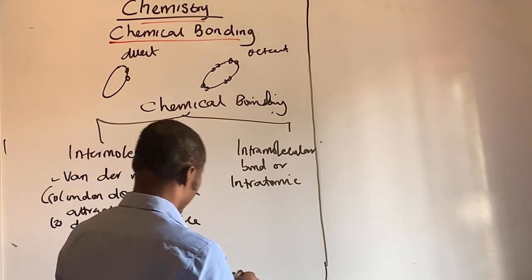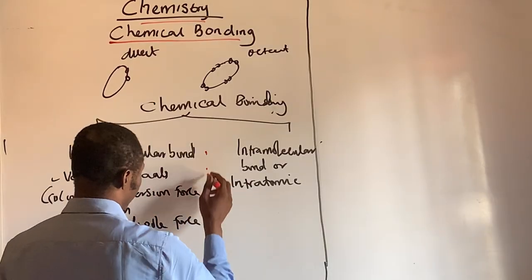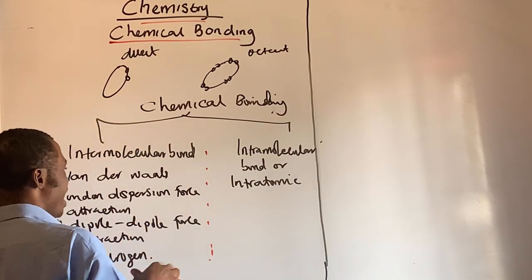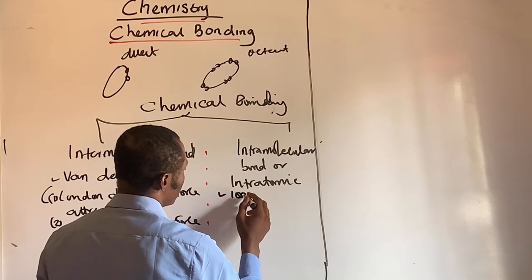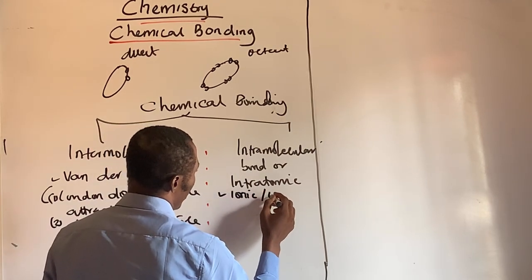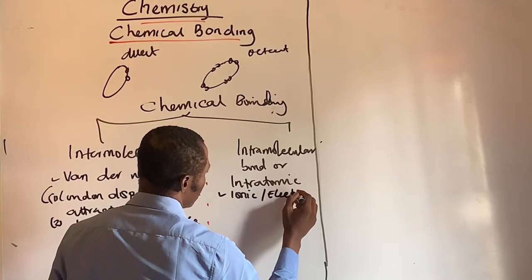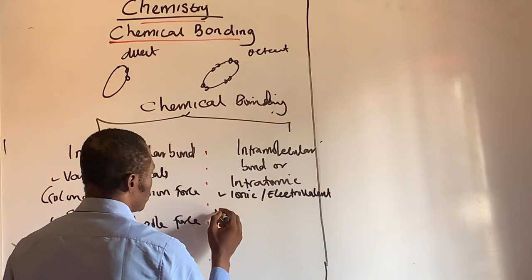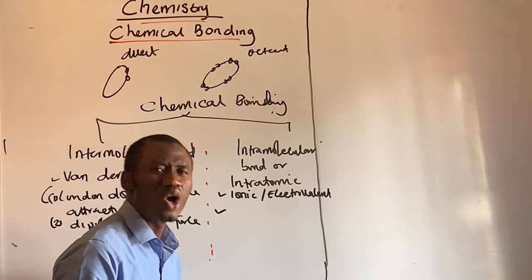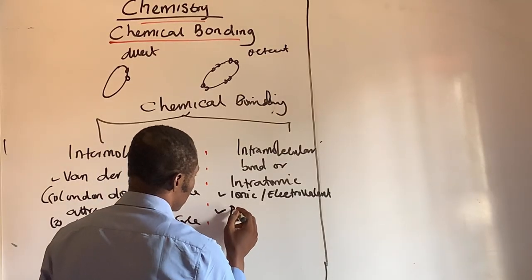Let's go to the next one. Divide the board. Here we have number one, the ionic or electrovalent bond. Number two, we have the pure covalent bond.